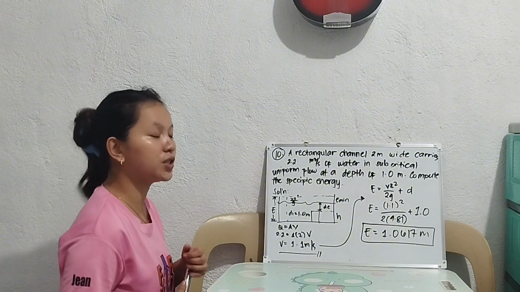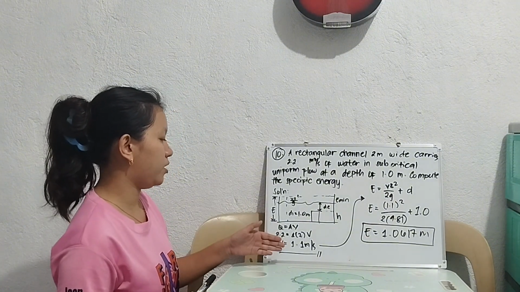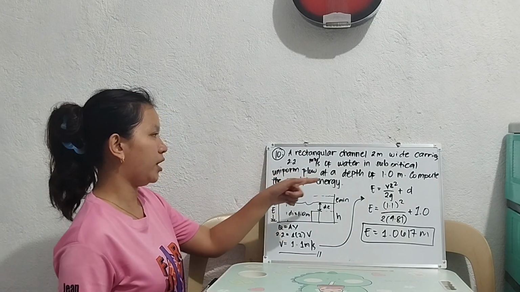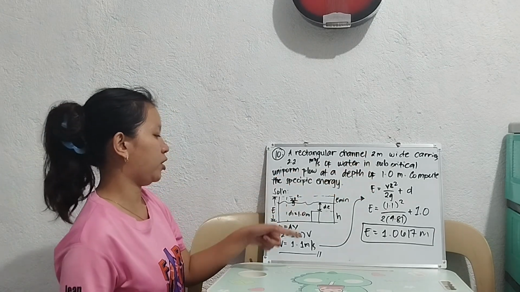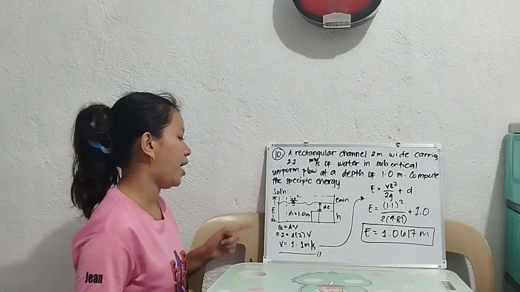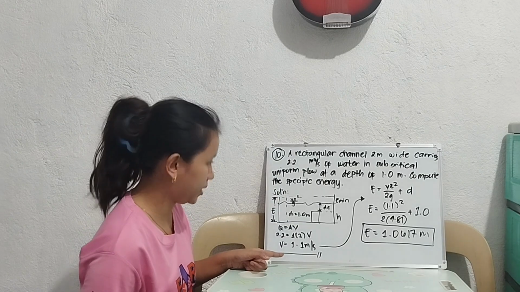So our first formula is Q is equal to AV, which is Q, the 2.2, equals the area, 1 meter times 2 meter, and then the velocity. So to calculate it, we have the velocity of 1.1 meter per second.